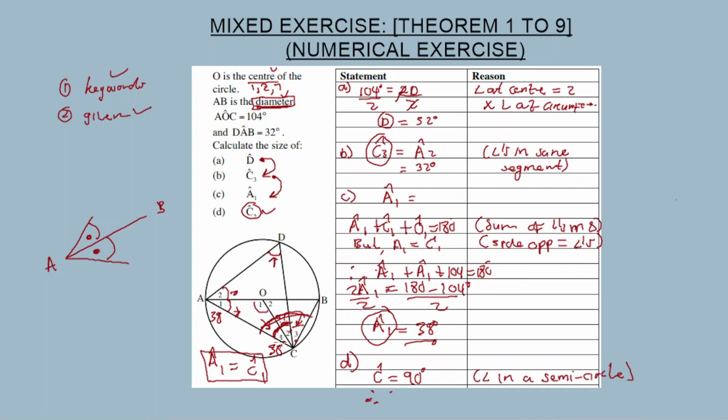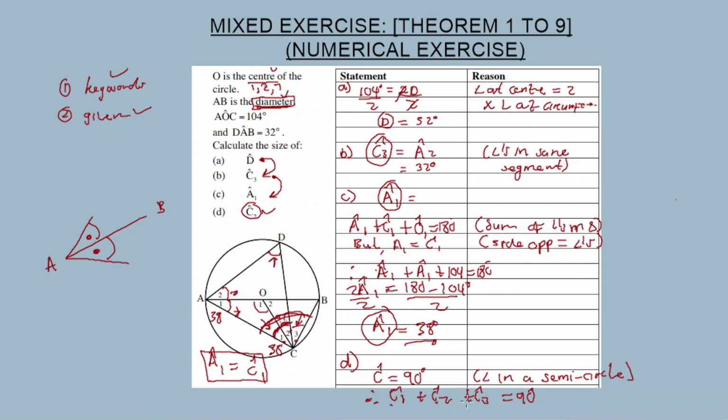So C1 we have calculated. Don't forget C1 is equal to A1. Therefore C1 is equal to 38 plus, in case you forget, let me write it: C2 plus C3 is equal to 90 degrees.